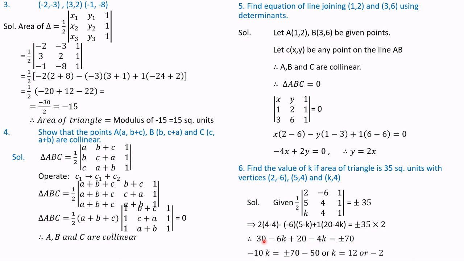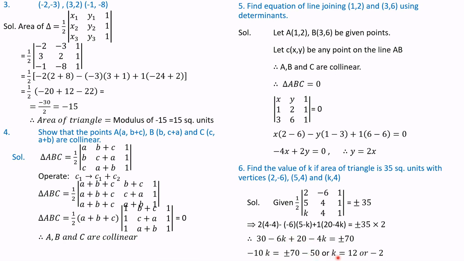Therefore, 30 plus 20 is 50. So minus 6k plus 4k is minus 10k, plus or minus 70, that is the 70 right hand side term, on the right hand side minus 30, minus 50, that is 30 plus 20 is 50. We have taken it on the right hand side, it becomes 50.